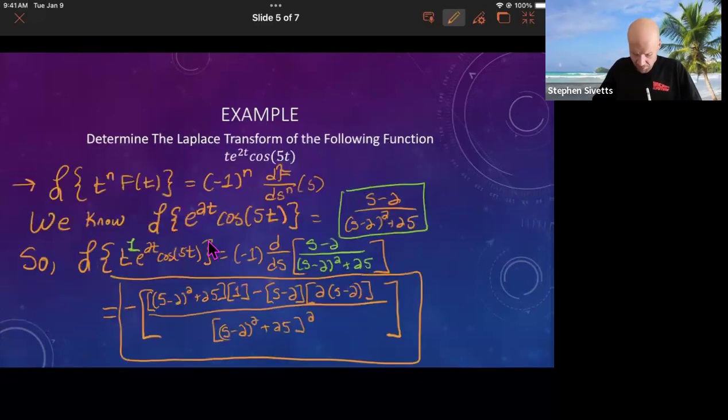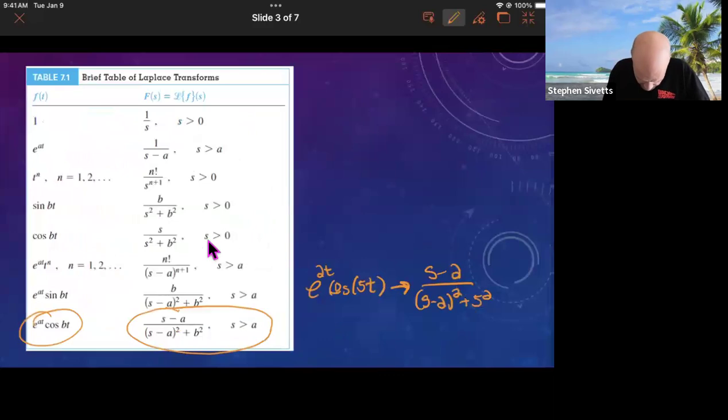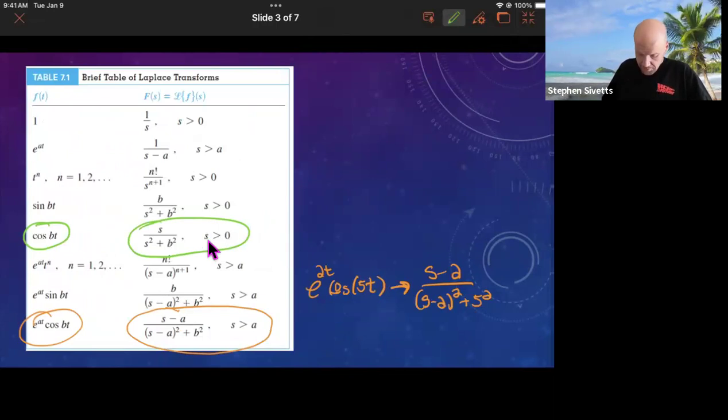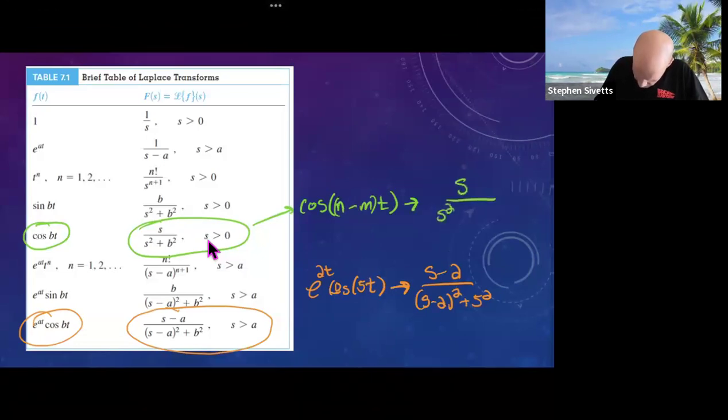So if we go back to our table, this quantity corresponds to the Laplace transform of cosine of bt, if b is a constant. One of the quantities for cosine is cosine of (n minus m) times t, so the corresponding Laplace transform would be s over (s squared plus (n minus m) squared).